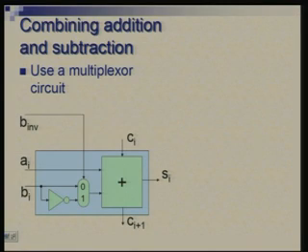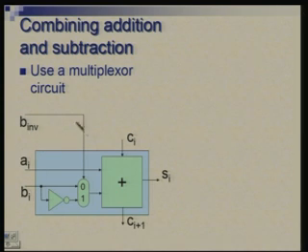If we can put a multiplexer to choose one of those two, then we have a single circuit which will do addition or subtraction depending upon how we control the multiplexer. So we have the same adder, the Bi input can go either directly or through the inverter, and this multiplexer is choosing this. It requires a control signal or a control input, which we are calling BINV, standing for whether B should be inverted or not.